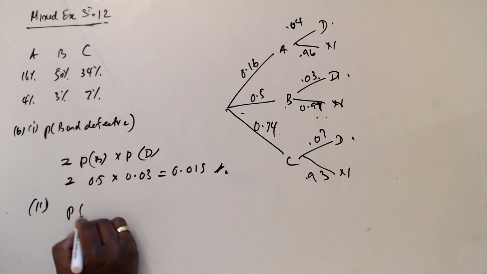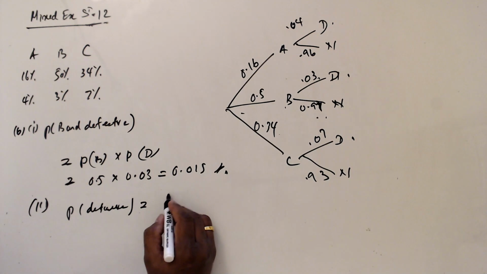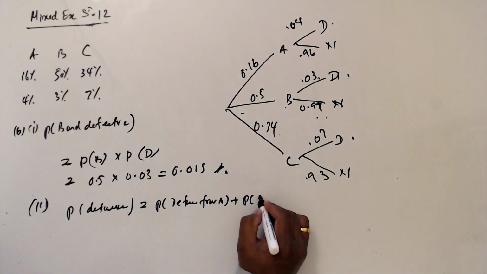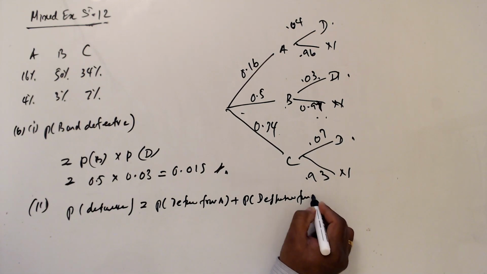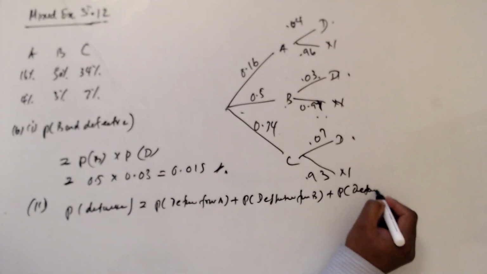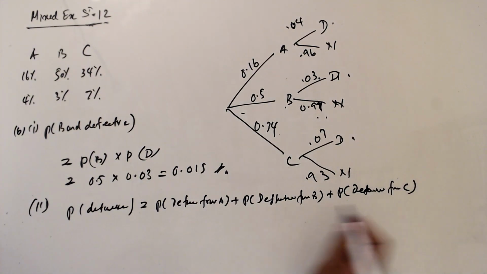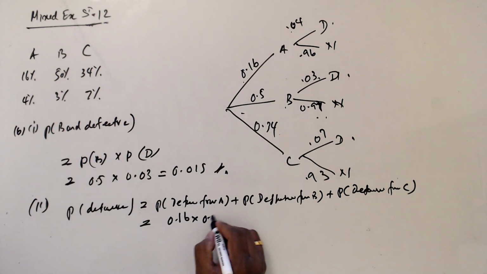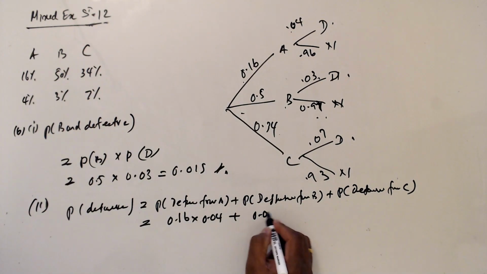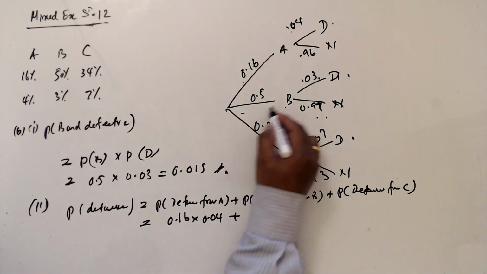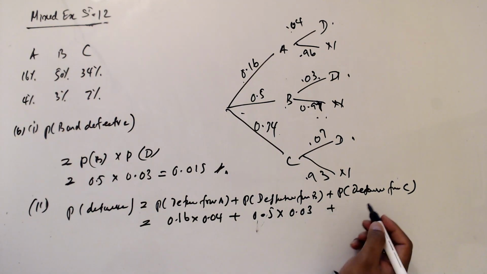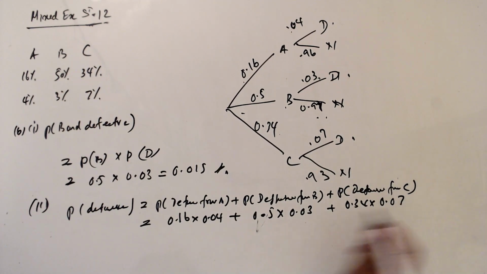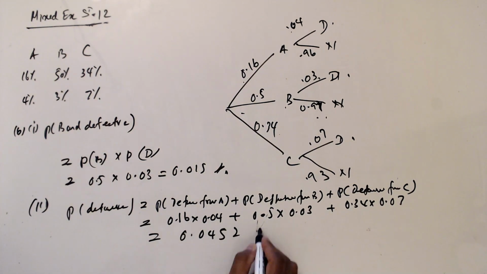So the probability of defective is the probability of defective from A plus the probability of defective from B plus the probability of defective from C. So this is going to be 0.16 times 0.04, and from B 0.5 times 0.03, and then 0.34 times 0.07. So this answer is going to be 0.0452.